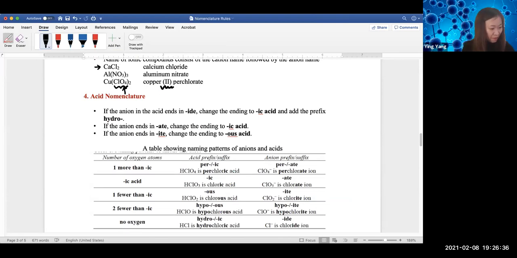So under this context, we just define it as a compound that if you dissolve it in water, it's going to dissociate into hydrogen ion plus an anion in water. So their chemical formula starts with hydrogen.